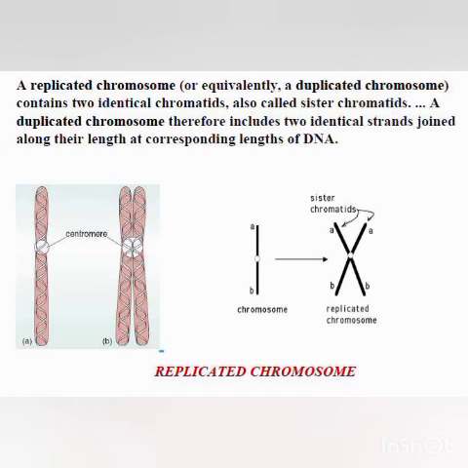One chromatid, one copy of DNA, will contain the parent strand and the newly synthesized strand, and the other chromatid contains another copy of DNA. Okay, so in the duplicated chromosome you will see two chromatids and they are called sister chromatids because they are exactly similar to each other.